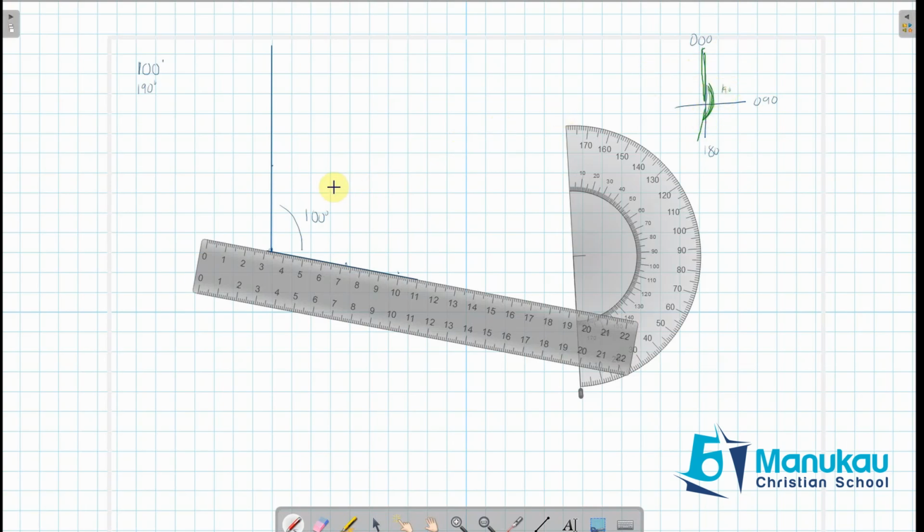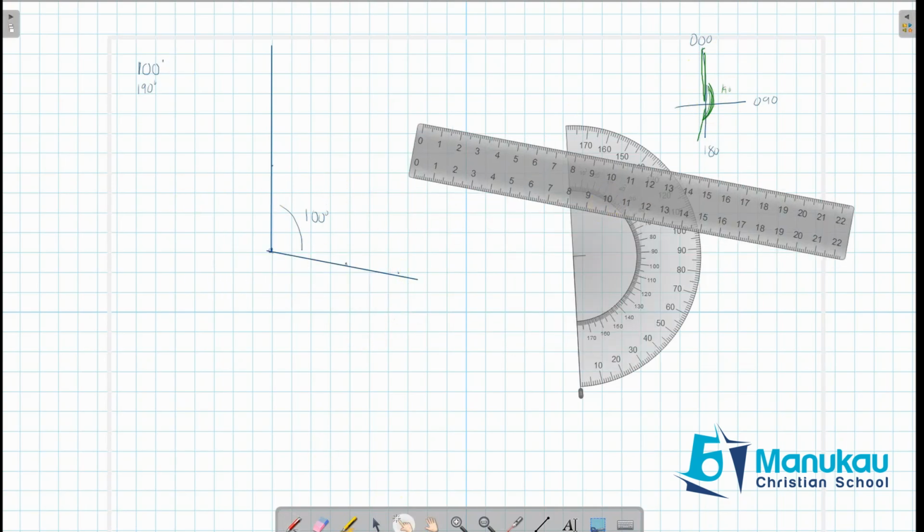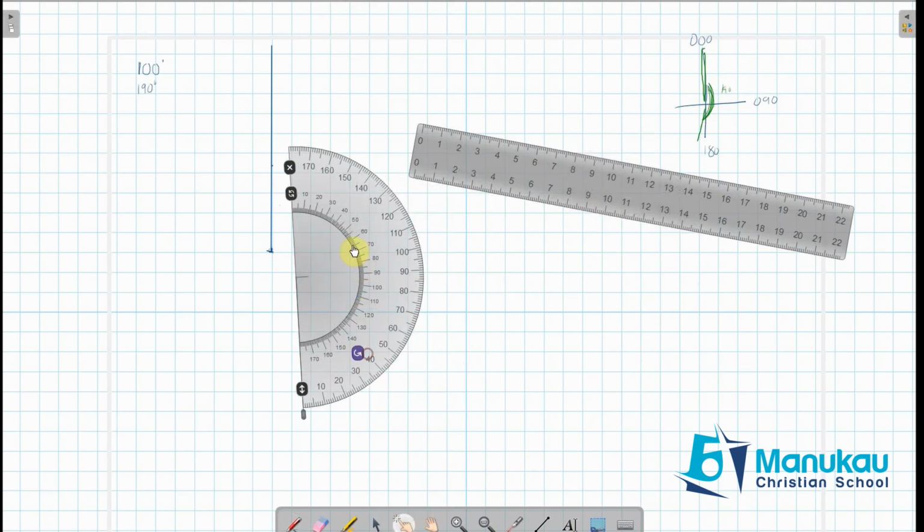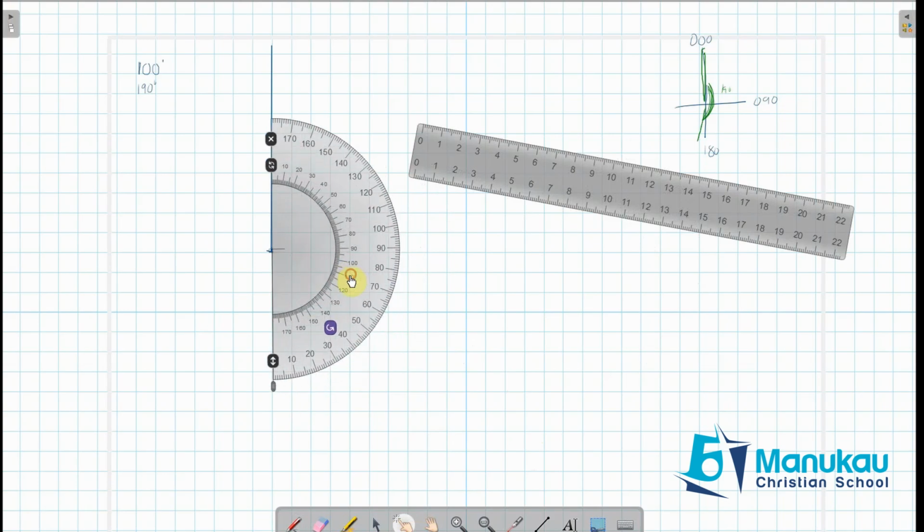So we're going to start again with the same line, even though it's a bit dodgy. We'll get our protractor. Now, the protractor that I have only measures up to 180 degrees. So I know that 180 degrees is down this bottom bit here.